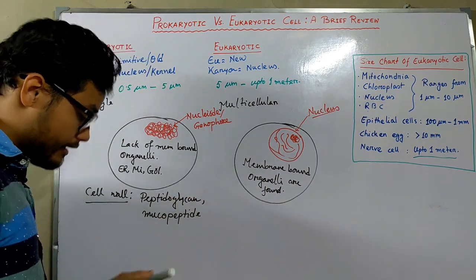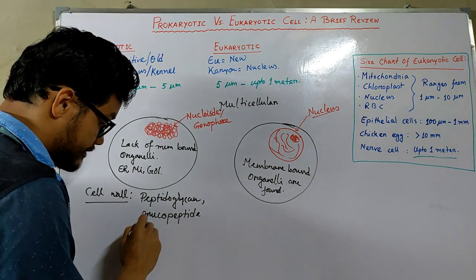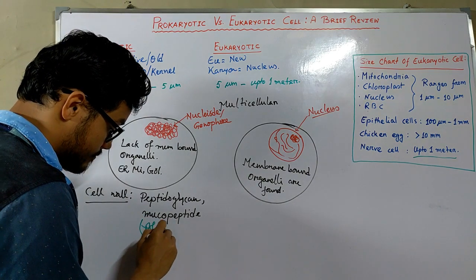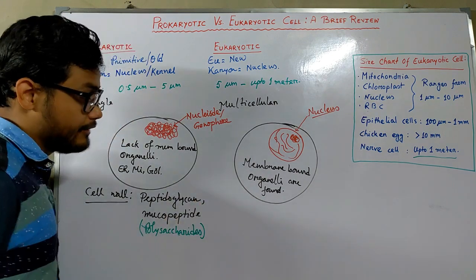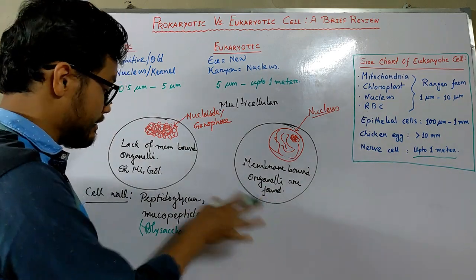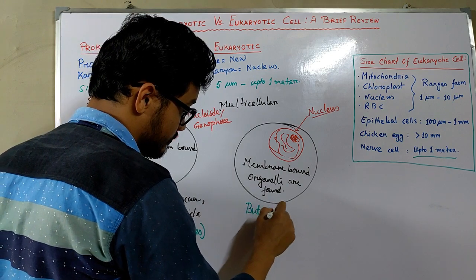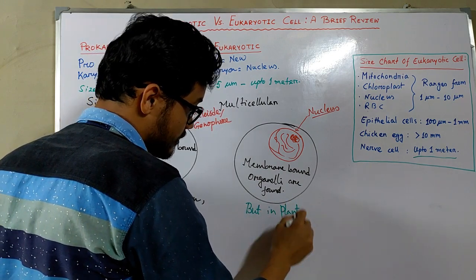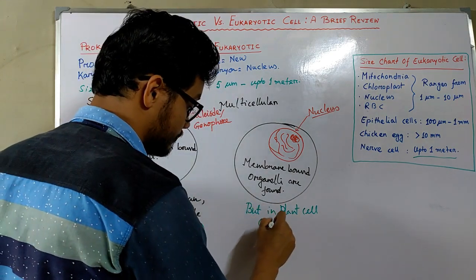Those peptidoglycan and mucopeptide fall into the category of polysaccharides. Eukaryotic cells don't have any cell wall, but in plant cells we clearly observe a cell wall.